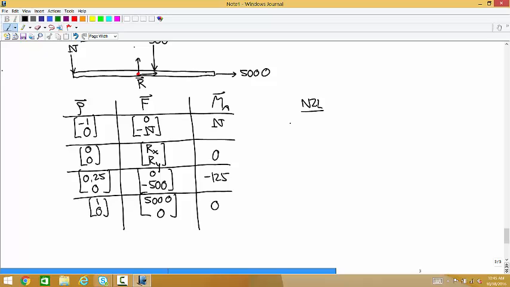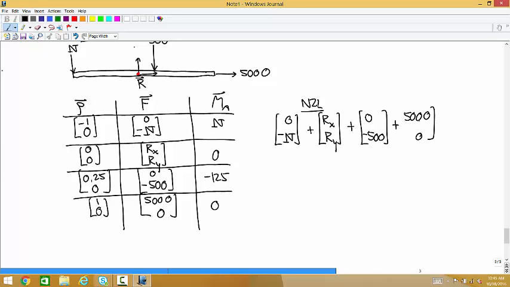And then Newton's second law says 0, negative N, plus Rx, Ry, plus 0, negative 500, plus 5,000, 0, is equal to zeros.